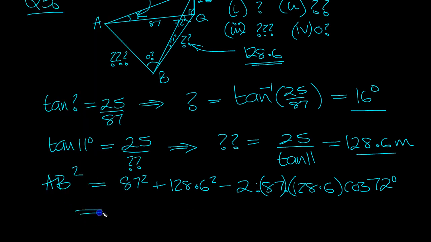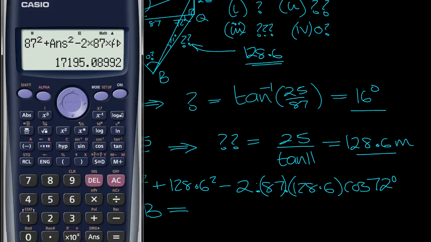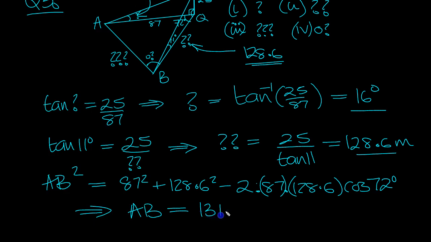So then we square root to get AB, don't we? So I'm just going to square root Ans and write down the answer. Square root of Ans, 131.1 meters. And that's AB. So we can put that in the picture now for the length AB. We put it as 3 question marks initially. 131.1 meters is this length here.